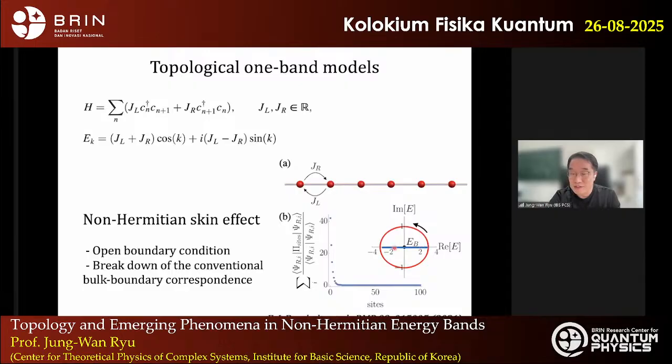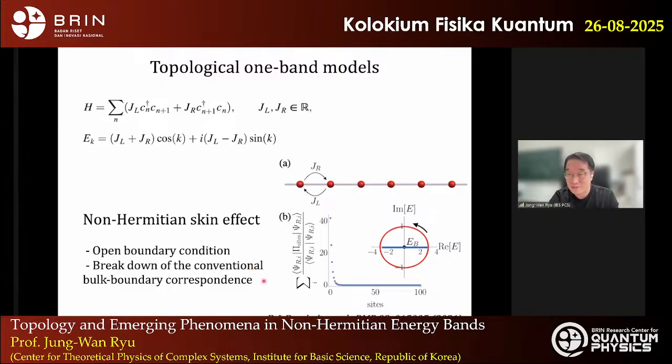It means this is called breakdown of conventional bulk boundary correspondence. This is bulk, this is boundary, and they have totally different spectra. So nowadays there is a new bulk boundary correspondence for this theory, but this is the conventional bulk boundary correspondence in the Hermitian case.